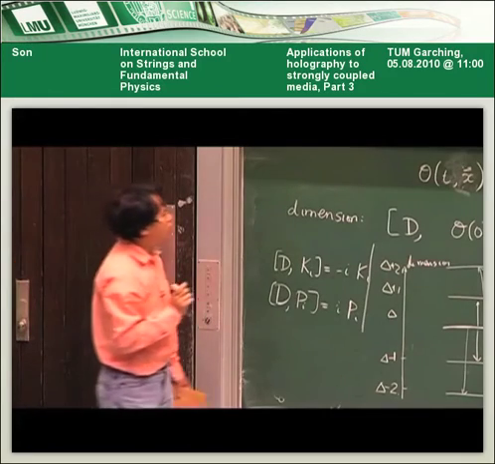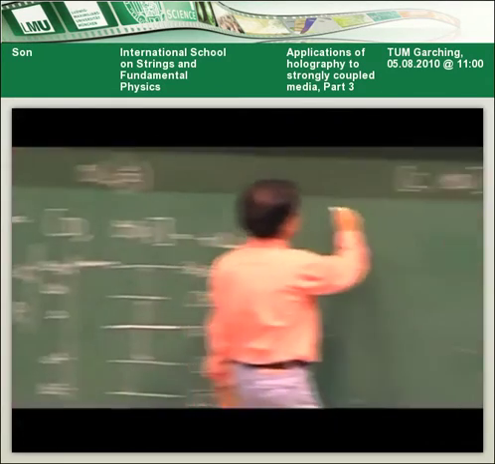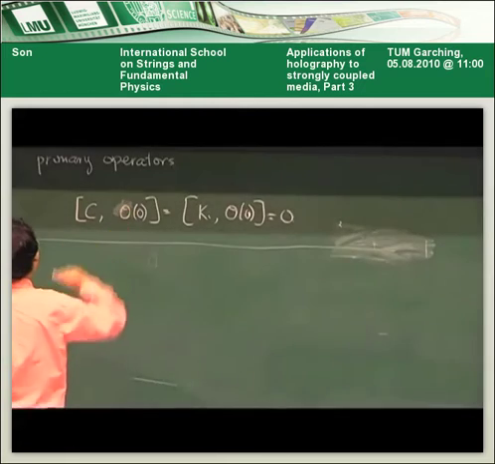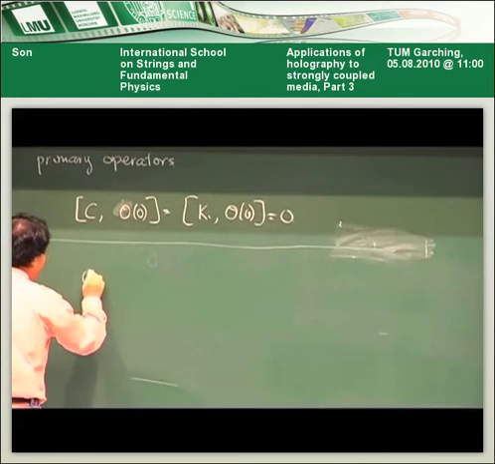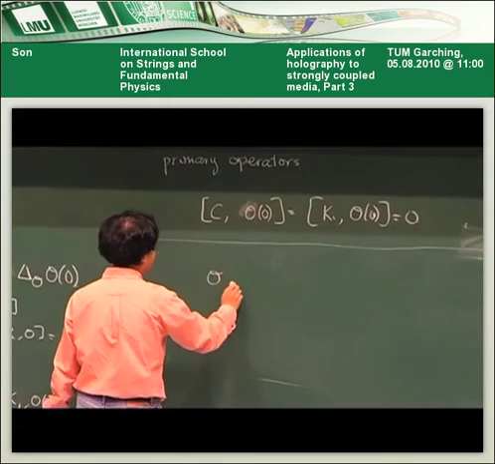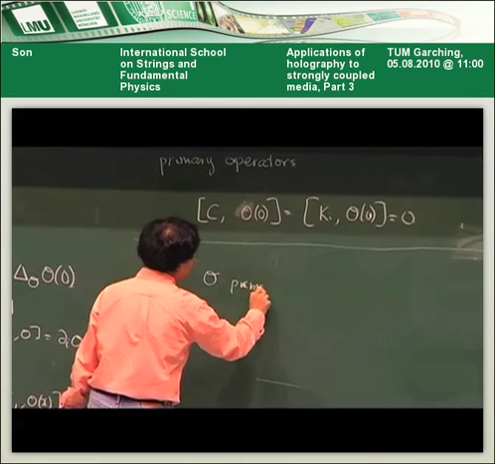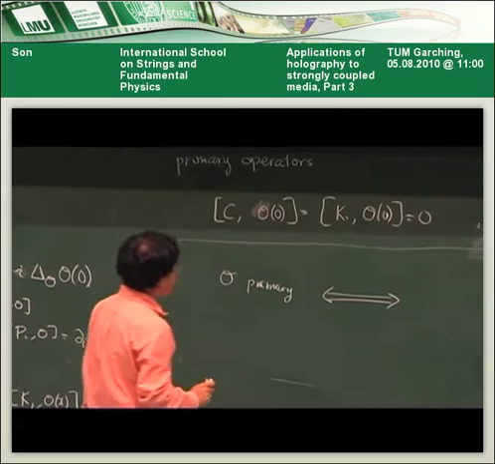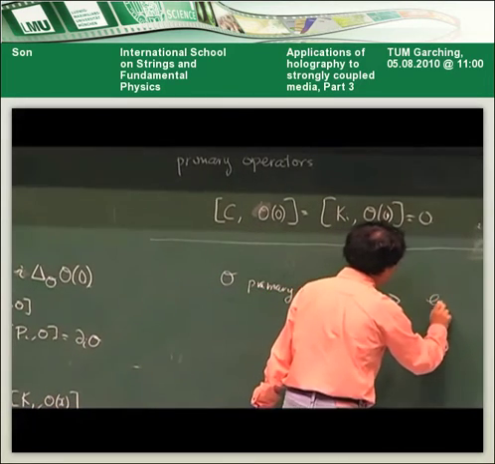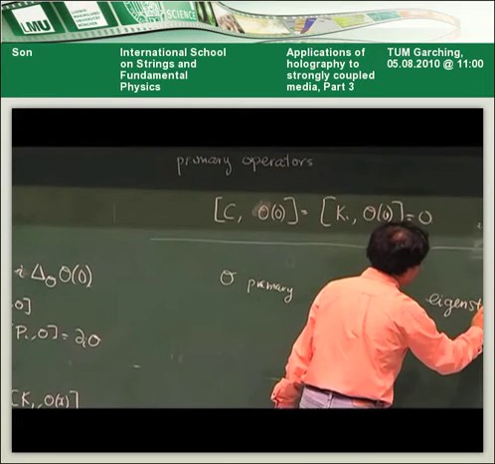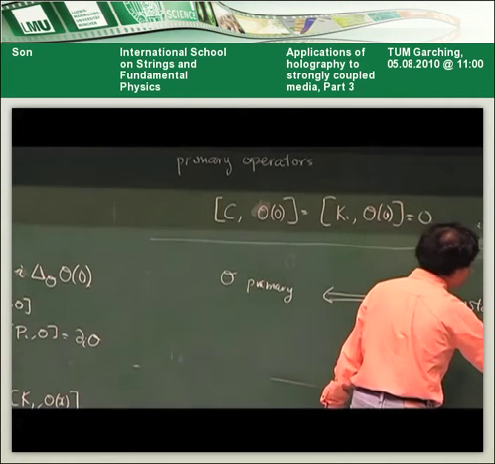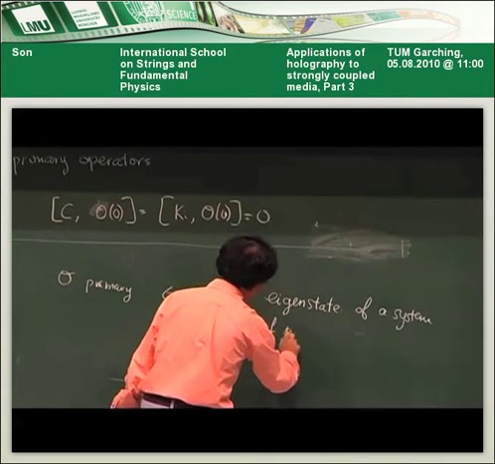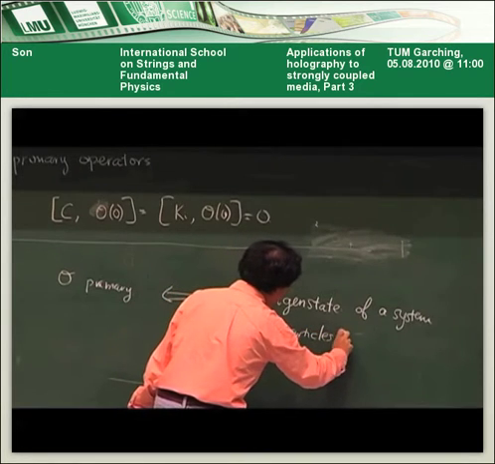The correspondence is that a primary operator O, if O is primary, I can put that in correspondence with the eigenstate of a system of particles in a harmonic potential.